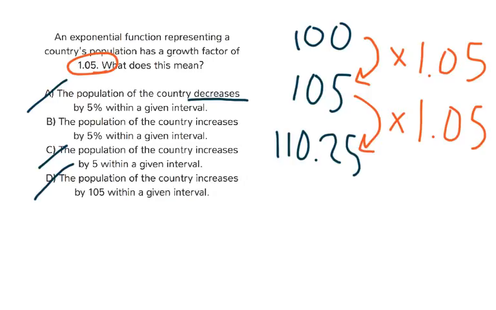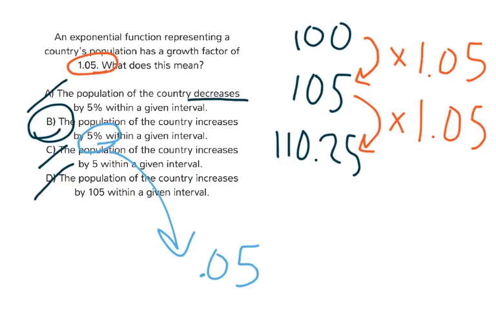In each of these cases, the population is increasing by 5%, because we know that 5% in decimal form is 0.05. And because we're adding that on, we're adding the whole 100%.